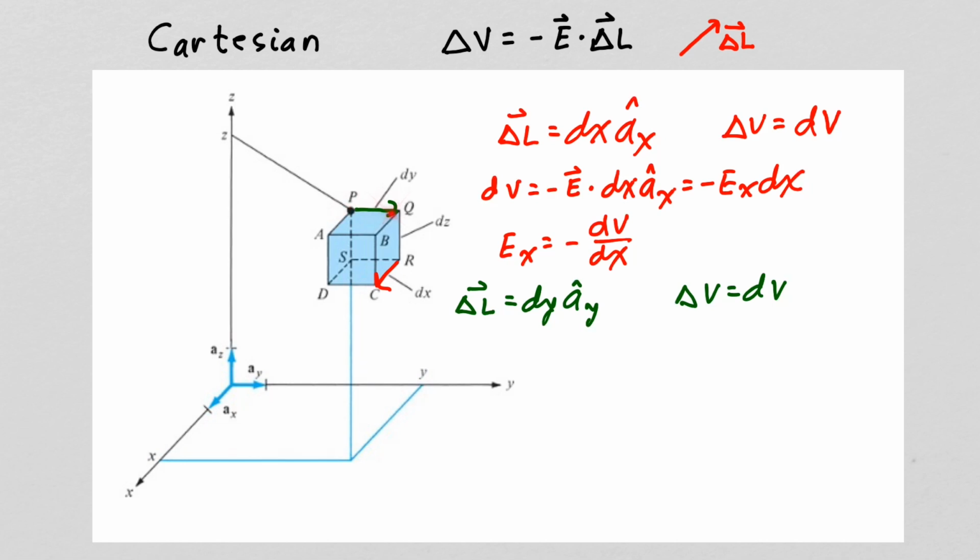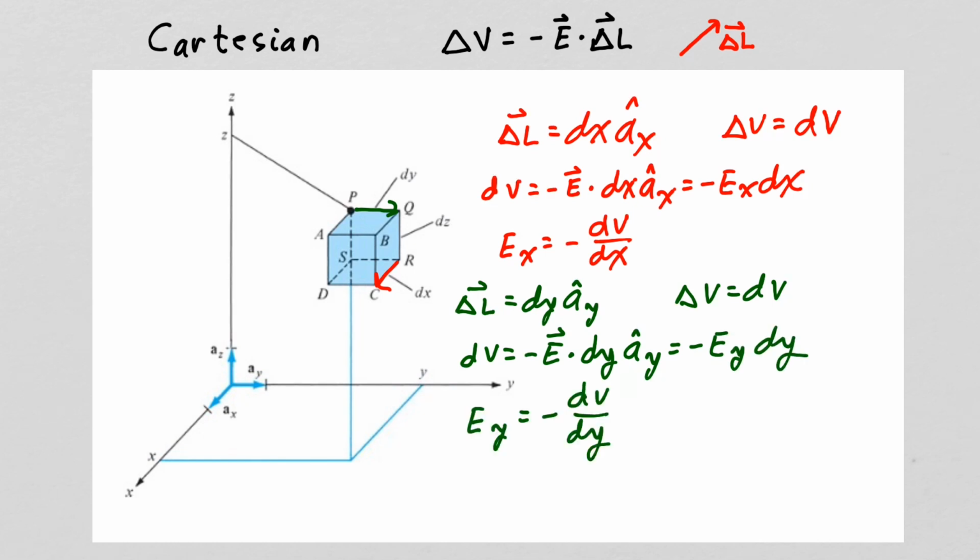Again, we will substitute for delta L and delta V. We have the dot product between the electric field intensity and a unit vector in the y direction, which will just give us the y component of the electric field intensity. So we can solve for E sub y, and it's equal to minus dV dy.